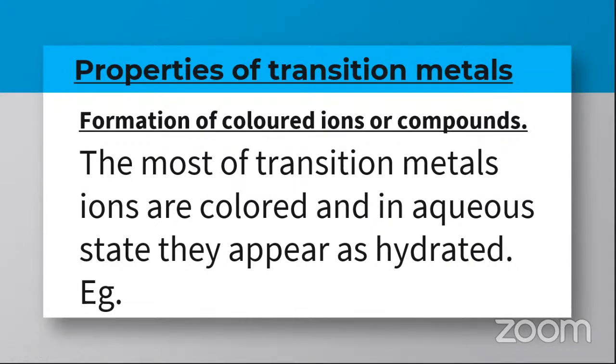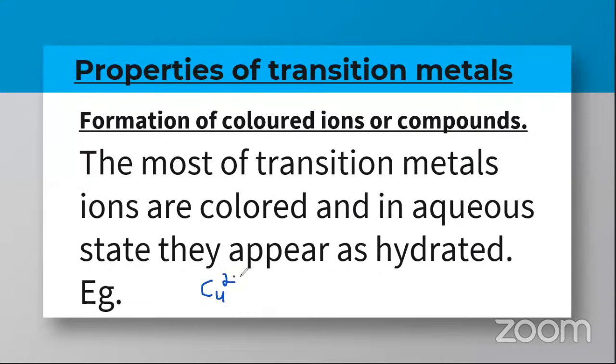We are saying that most transition metal ions are colored, and in aqueous state they appear as hydrated. What do we mean? If you remember very well from O level, whenever we were carrying out practicals, we had copper 2 ions in solution. We said they are blue in color.